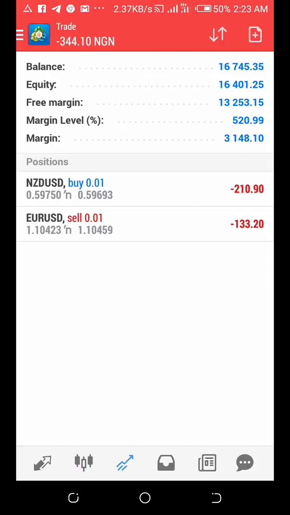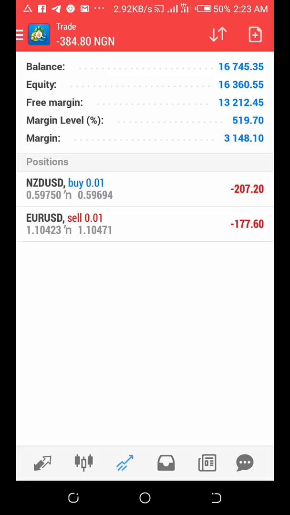So I want to put my take profit. Let me say the take profit should be 200 too. For the stop loss I subtracted; here I'm going to add.